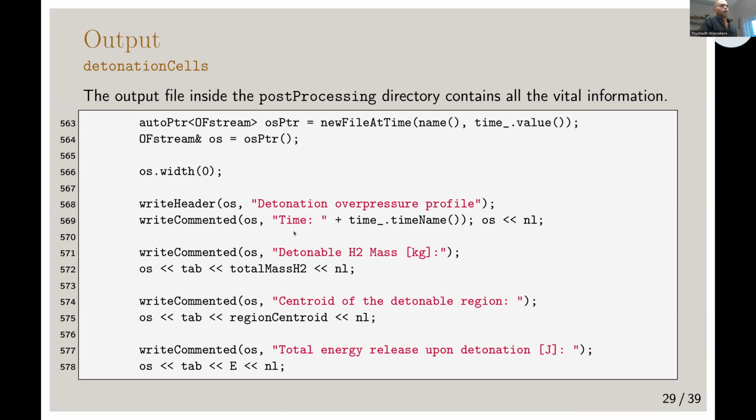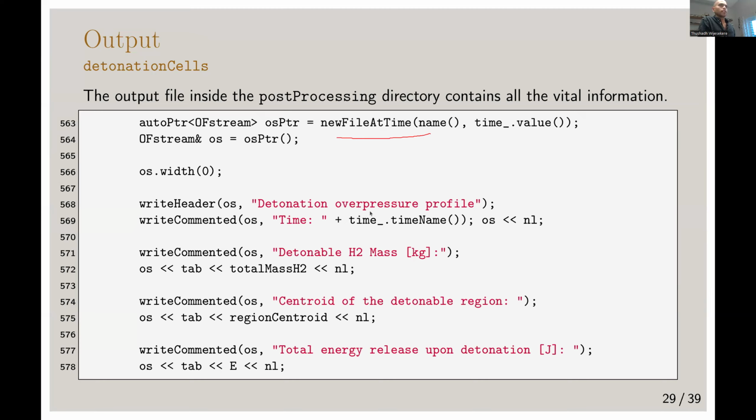So in the output file, you will have the output file in the post-processing directory, inside the directory representing the name of the function object. It depends on how you define the name of the function object in the control dict, but you will see a file for each write control. Depending on the logic of your write control, you should see a file for each time.